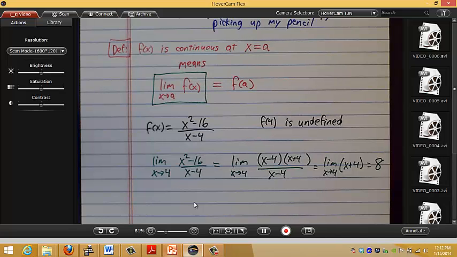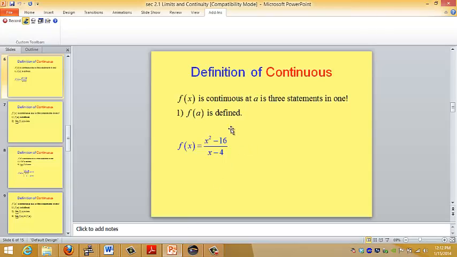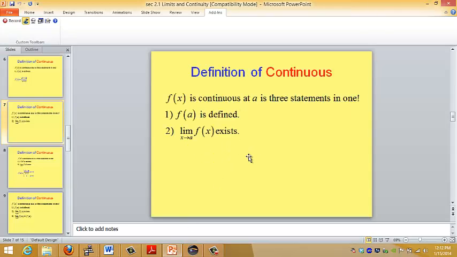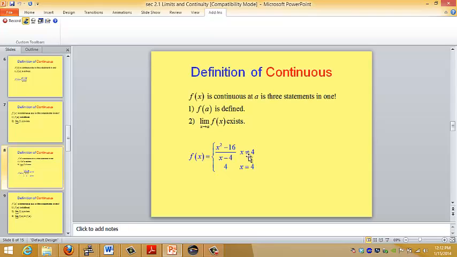So, moving on, talk about continuity. F of a has to be defined, but also the limit has to exist. Here's another function that I'm going to put on the board. This is piecewise defined. All right, guys. Does the limit exist? We just computed it, right?